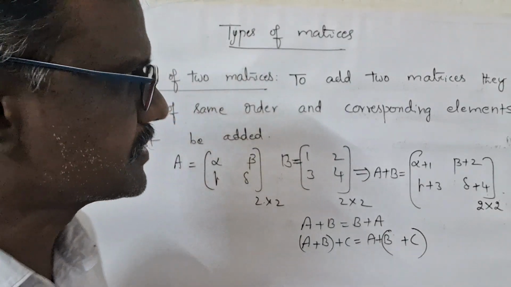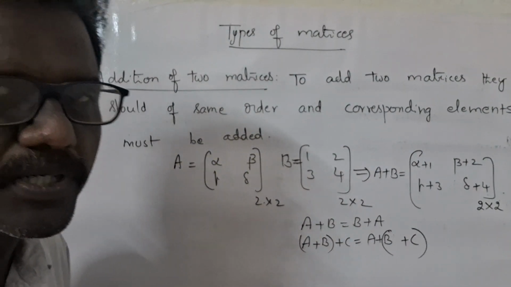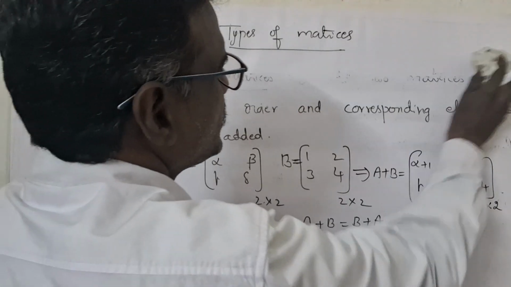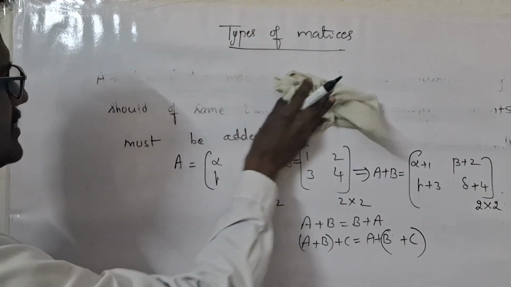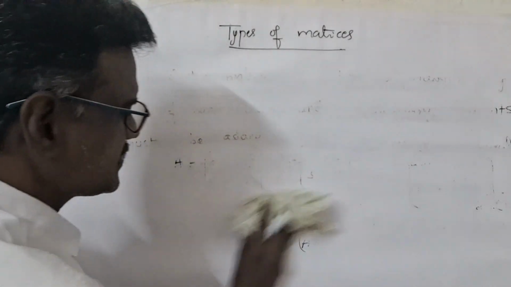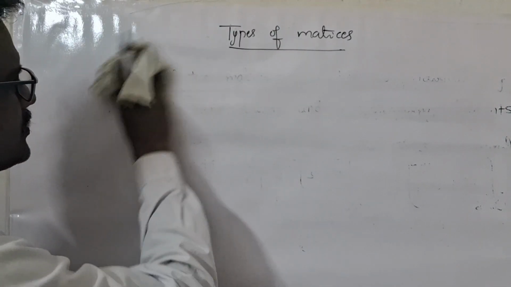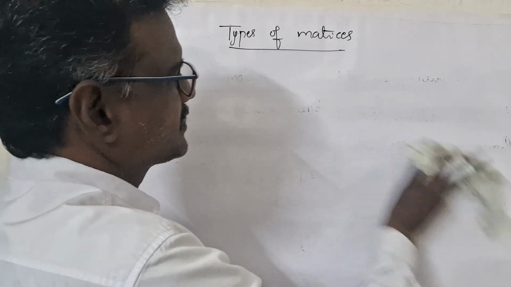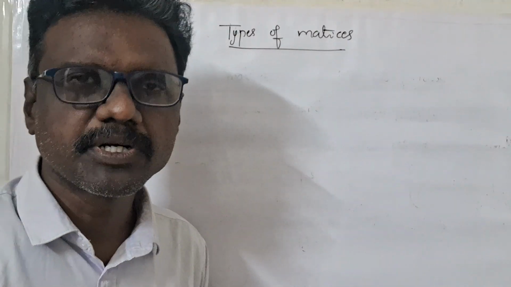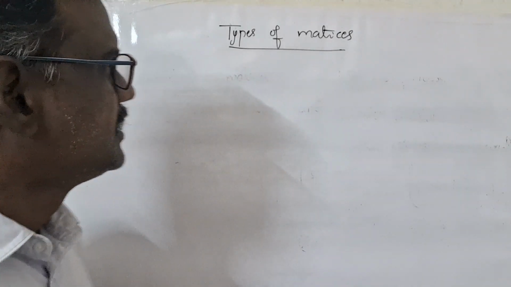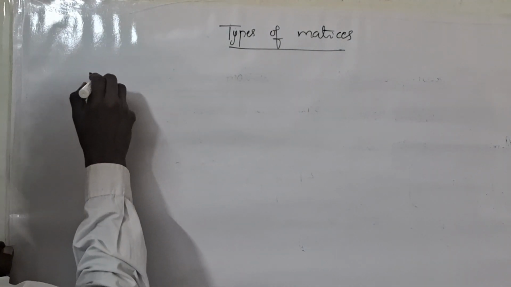Next, a very important thing: multiplication of two matrices. First of all, I will explain with 2 by 2 matrices, because many students have some doubt and confusion in multiplication of two matrices.